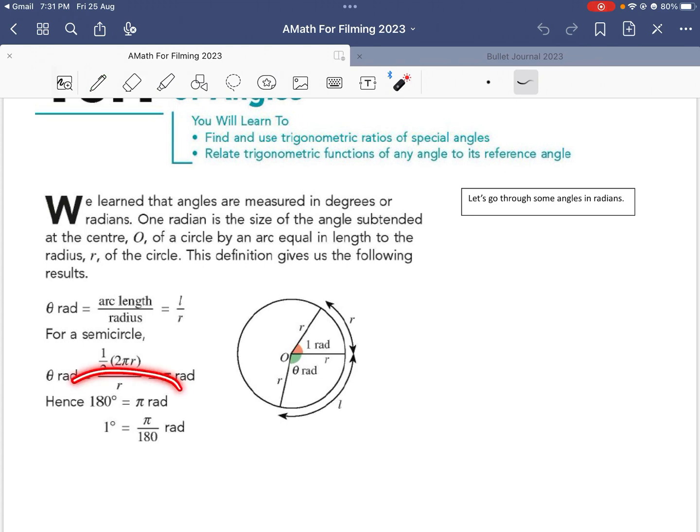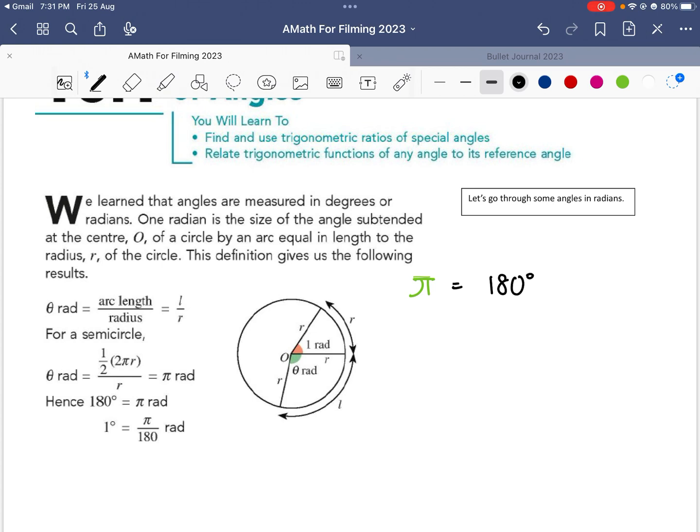If you look over here at this portion of the page, the conversions as such: pi radians, I'll write down here, pi radians is equal to 180 degrees, and it's all proportional.